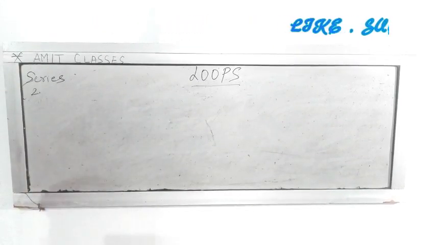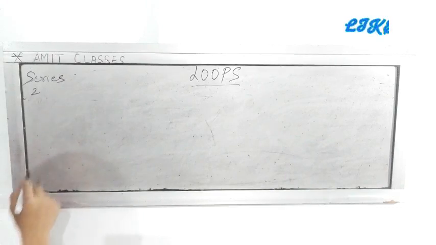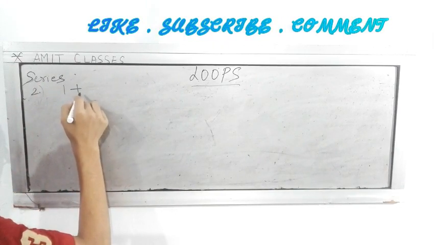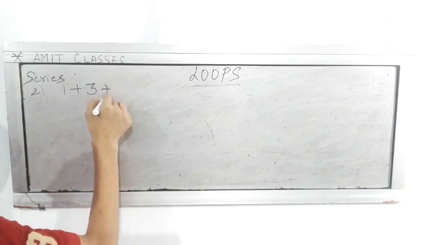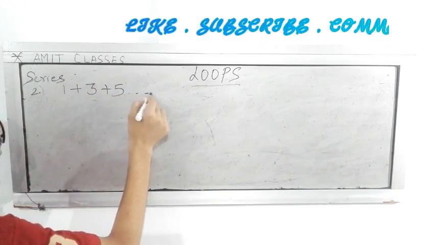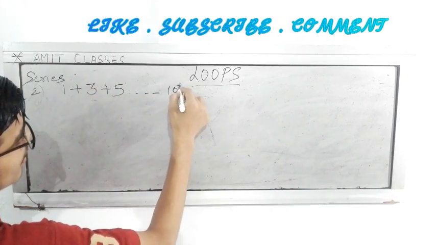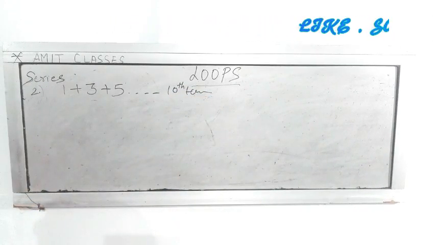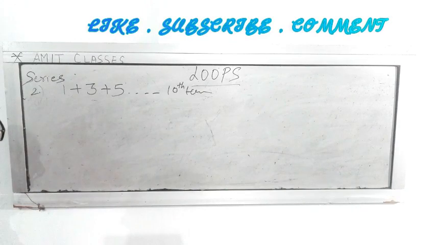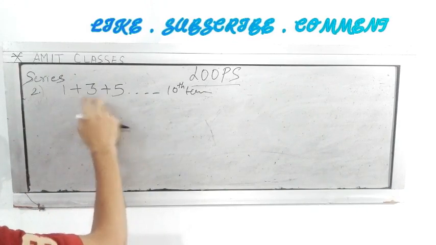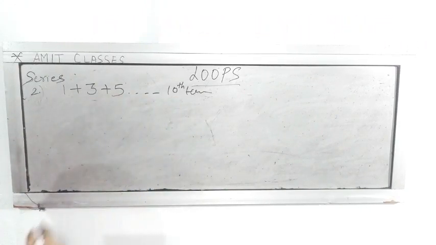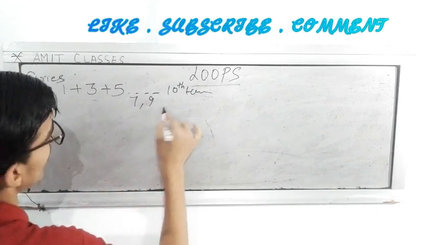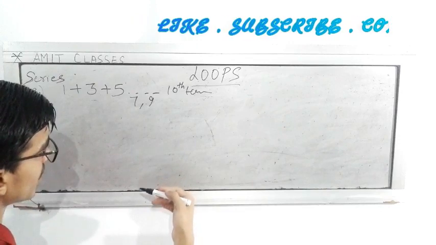Now series 2, we have to find the sum of odd numbers like 1, 3, 5 till the 10th term. If we had to find till 10, then it would be okay: 1, 3, 5, 7, 9, and after that it will not execute.